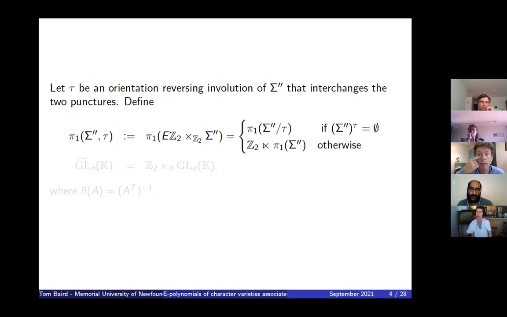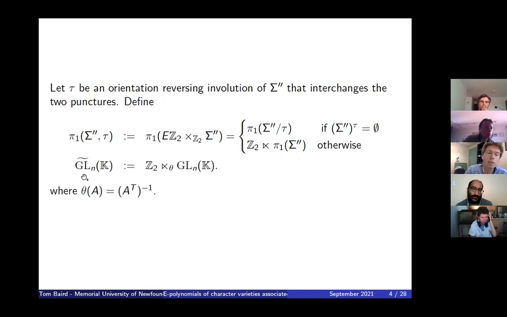If, on the other hand, there are fixed points, then you can choose one of those fixed points as the base point for your fundamental group, and this involution then will act as an automorphism of the fundamental group. And you can form the semi-direct product of the fundamental group of Sigma'' with this cyclic group of order 2. Okay. So that's what it boils down to in these two cases.